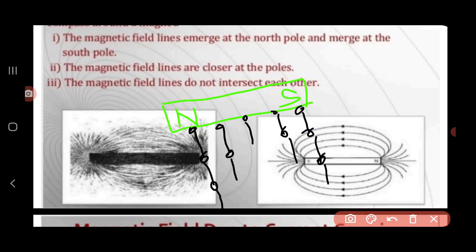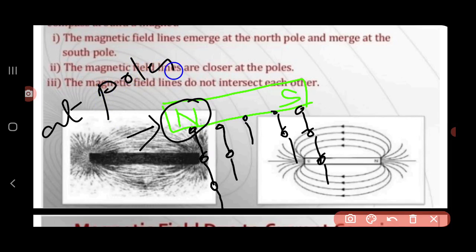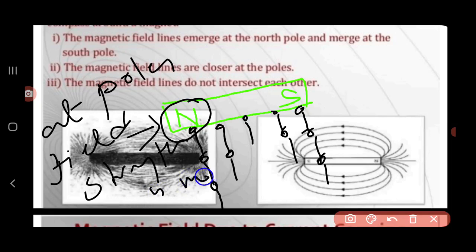Now, magnetic field lines due to a current carrying conductor. See, this was demonstrated by Oersted, who first developed the relation between electric current and magnetism.